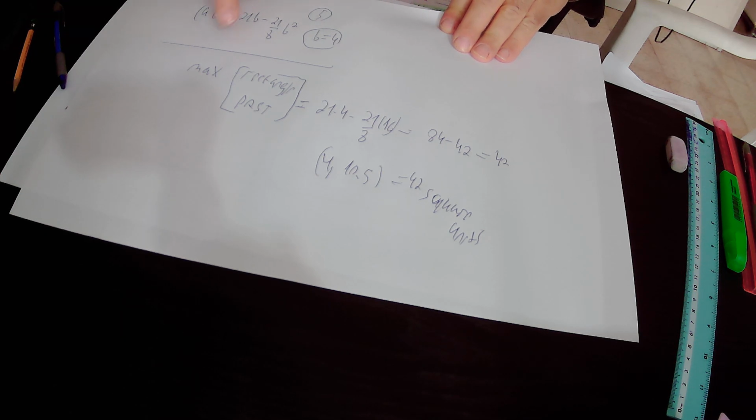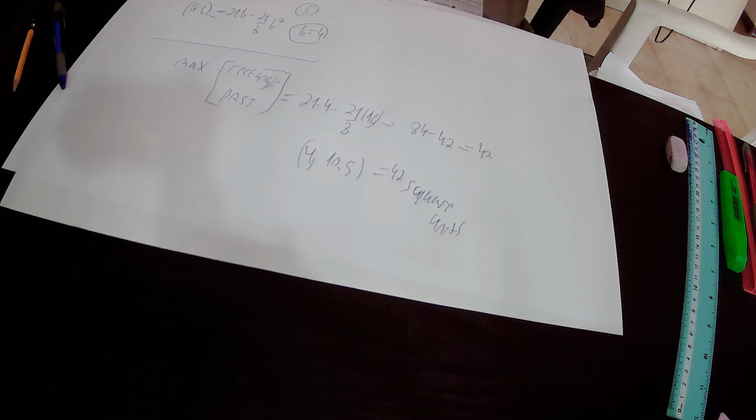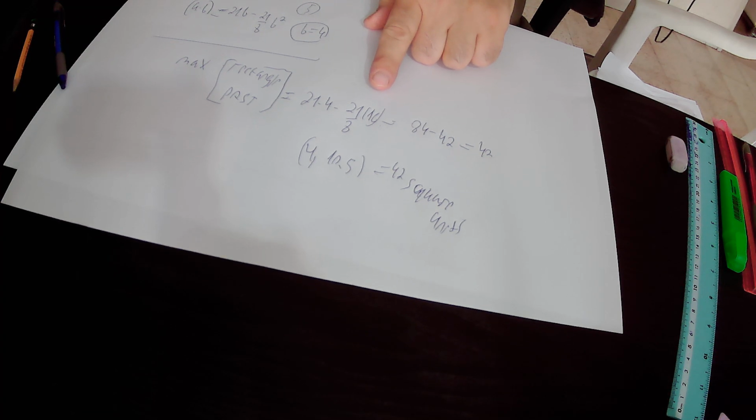So we substitute b by 4, and find out that the maximum area of this rectangle PQST equals to 21b, and b is 4, so it is 21 times 4, minus 21 over 8 times b squared. B is 4, therefore b squared is 4 squared, that is 16.